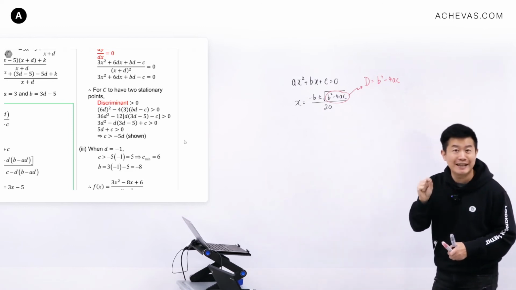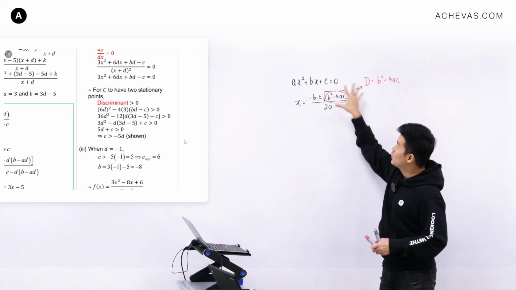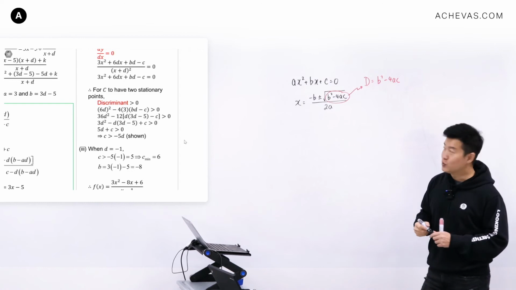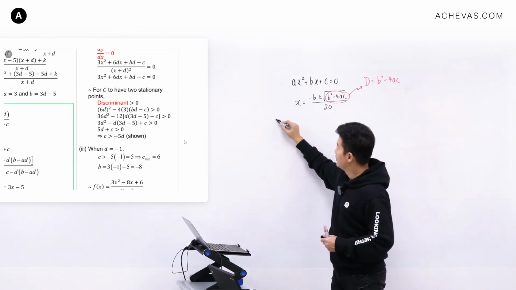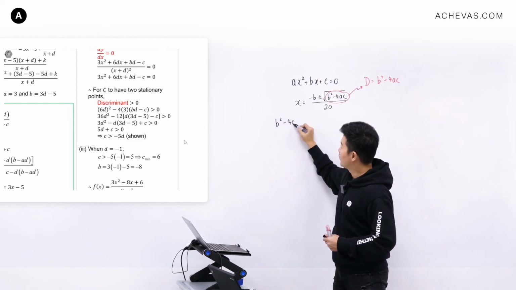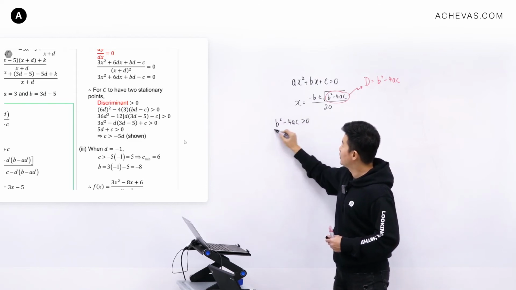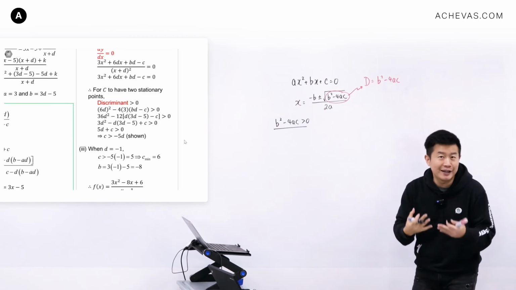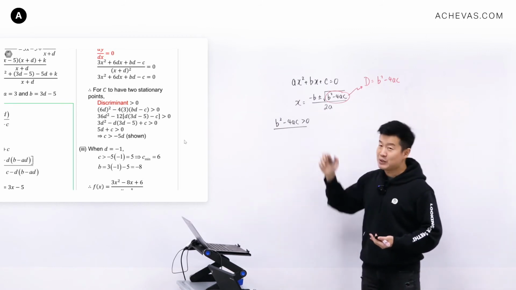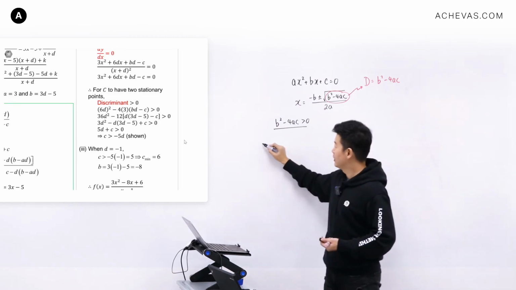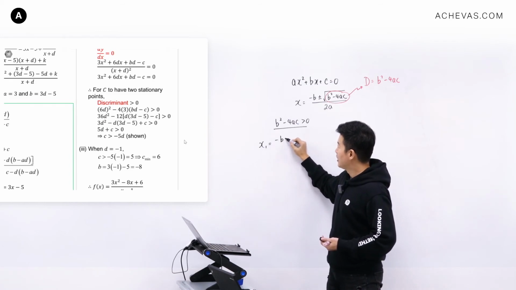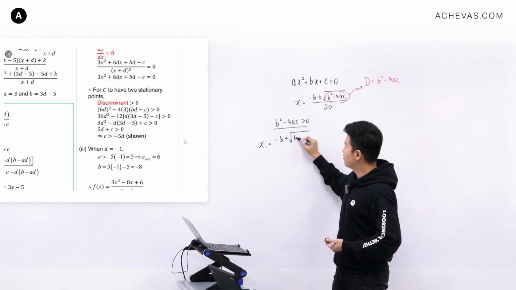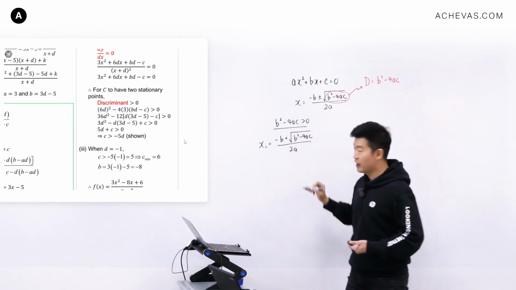It is absolutely easy if you do a bit of algebraic analysis on the roots, because by looking at b squared minus 4ac, we can see that the moment its value is bigger than 0, we are going to arrive at two roots. The first root x1 will be minus b plus square root of b squared minus 4ac divided by 2a.